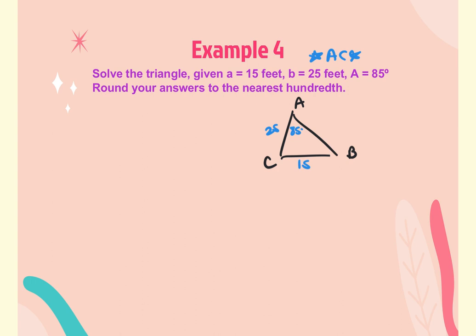Which letters do you have both of? A's. So I'm going to use that all the time. 15 over the sine of 85 is going to equal, the only other one I have information for is B. Side B, which is 25 over the sine of angle B, but we're going to call it B1.